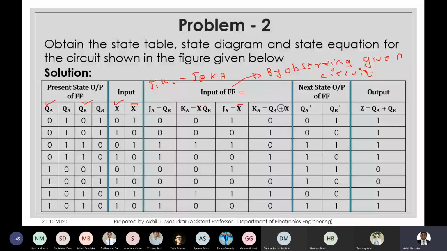Just recall when it was a D flip-flop, QA plus was equal to DA and QB plus is equal to DB. Now I want the answer from you stating how I have written QA plus and QB plus.